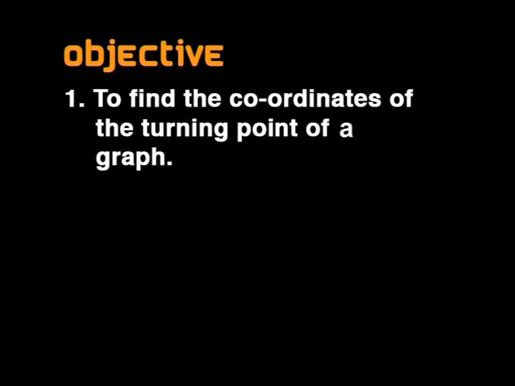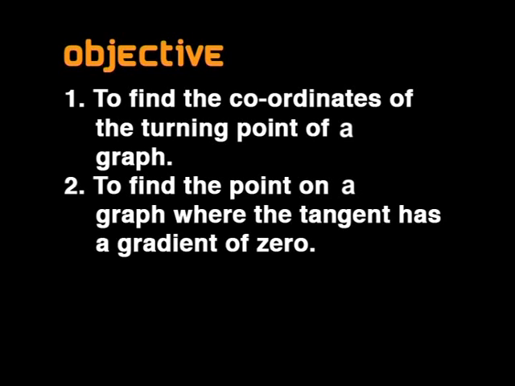We are not going to go over everything that we have done so far, but I'm going to remind you of the more general description of our mathematical problem which we had devised and to tell you where we are in solving the problem. Our first objective was to find the coordinates of the turning point of a graph. We realized that we will know that when we know where the gradient of the tangent to the graph is 0.